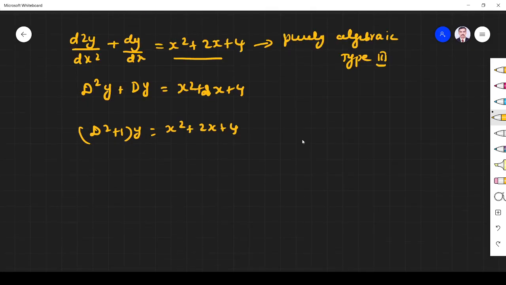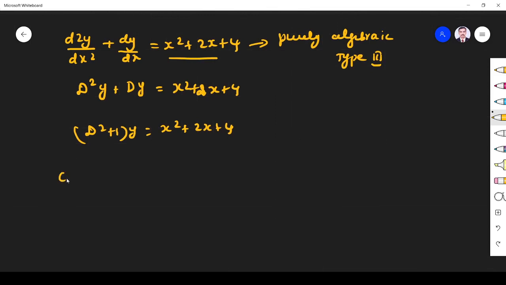First we have to find the complementary function. In order to find the complementary function, I have to replace D by m. So m squared plus m, with the right hand side made 0.